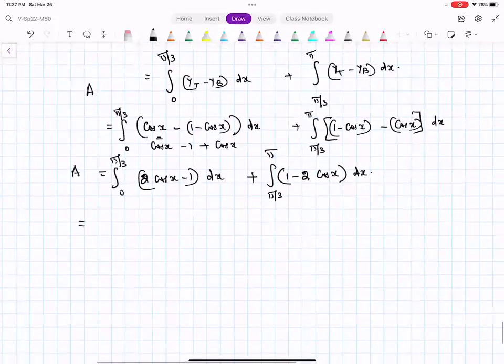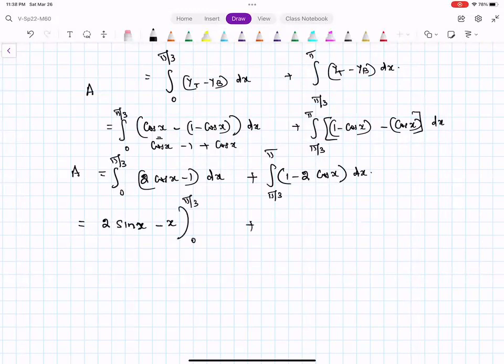If I take the integral for each one of them, the integral of 2 cosine x is 2 sine x, minus 1, whose integral is x, between 0 and pi by 3. For the second one, the integral of 1 is x, then minus 2 times the integral of cosine x, which is sine x, evaluated between pi by 3 and pi.